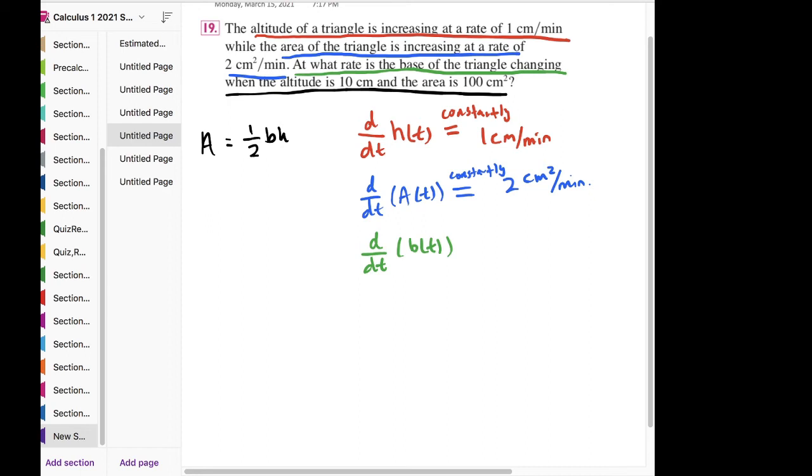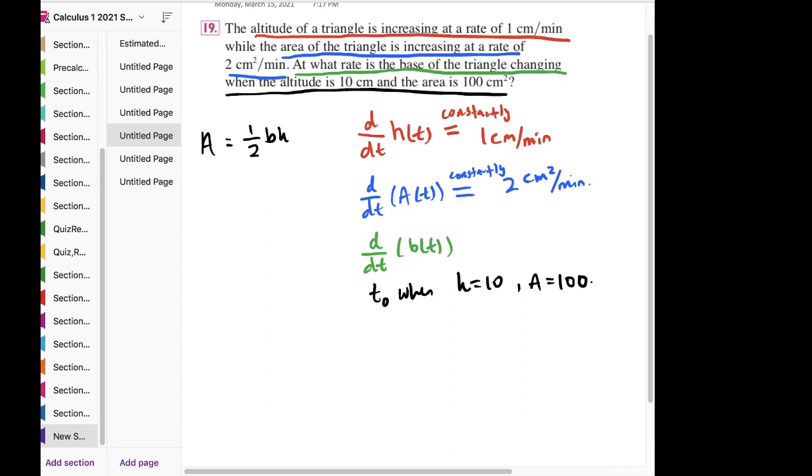So that's all the info. How do we get this information? Yeah, we need to work with the area function.